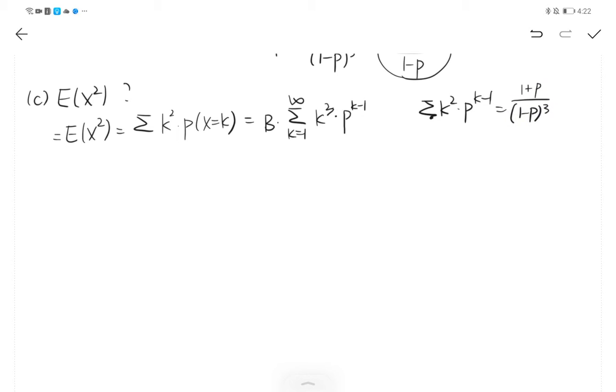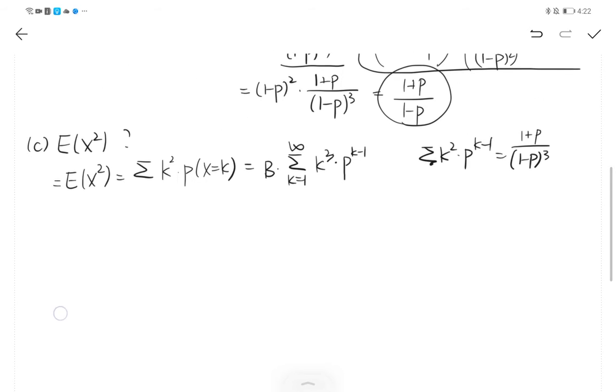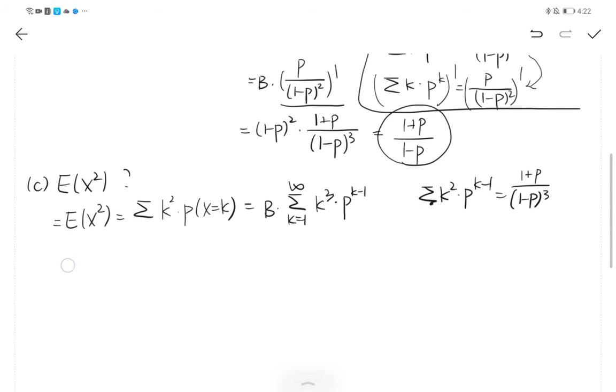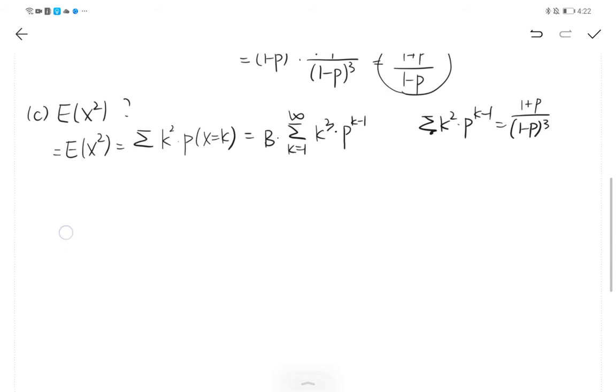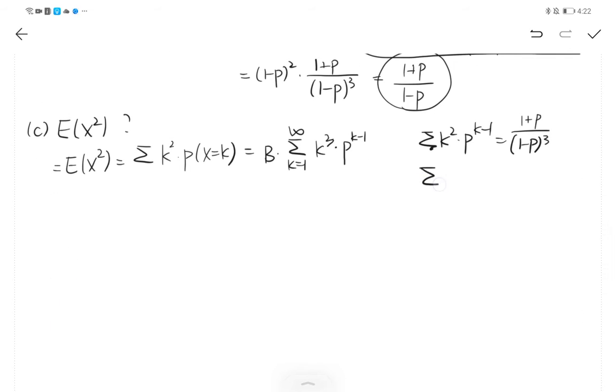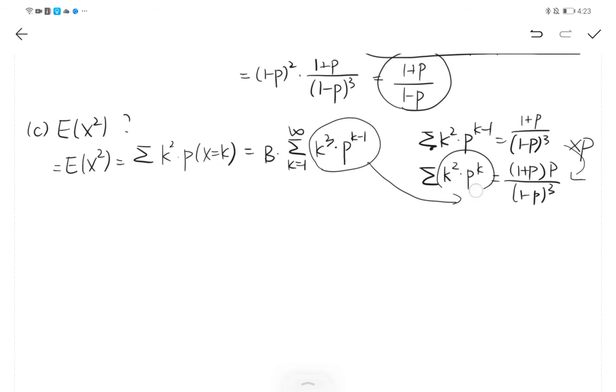So like problem B, we know that the sum of k to the power 2 multiply p to the power k equals (1 plus p) over (1 minus p) cubed multiply p. That is, we multiply p on both sides, and we can see this form is the derivative of this form.